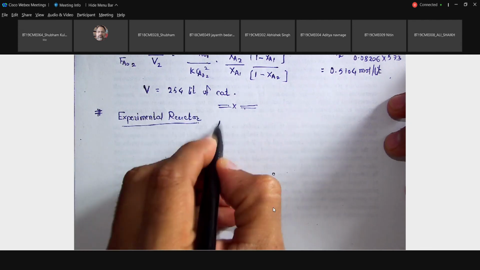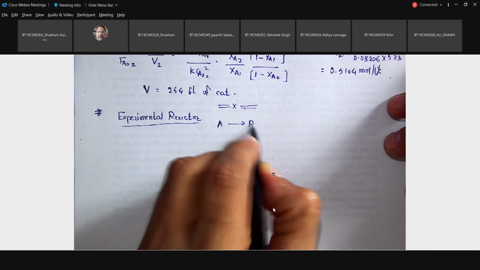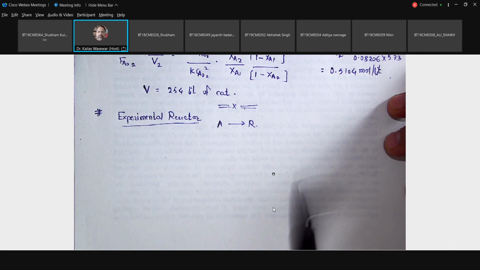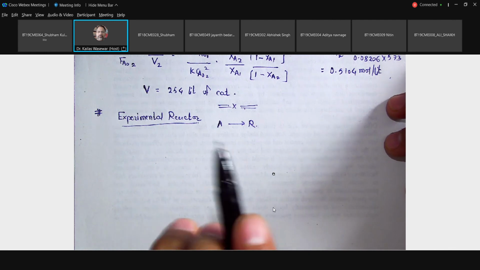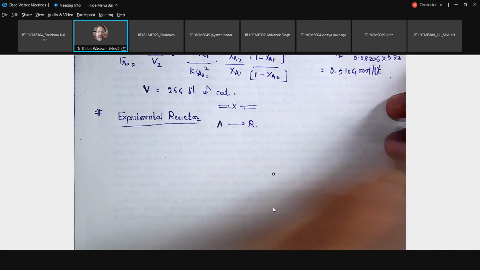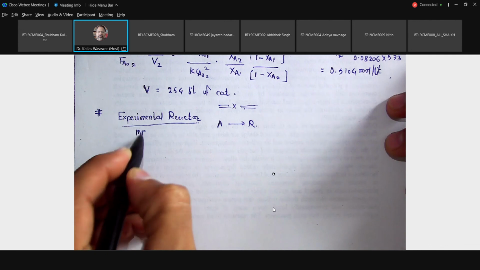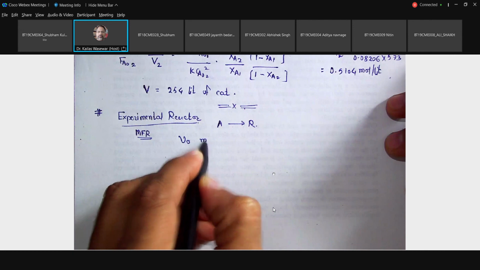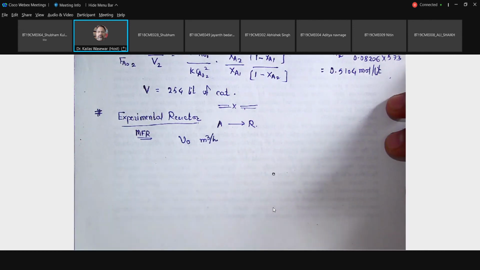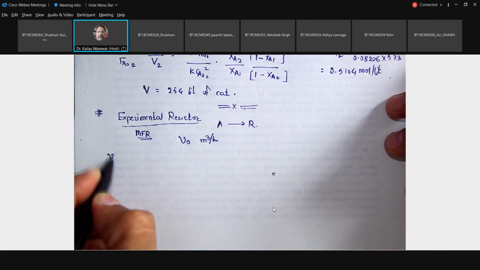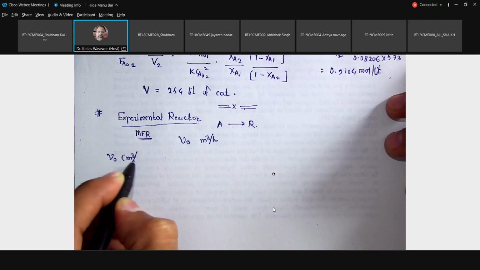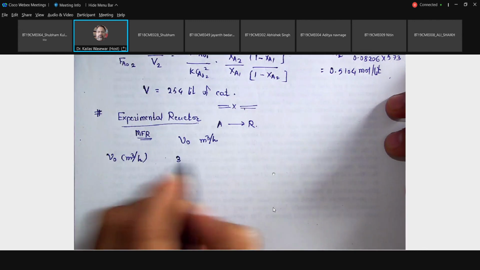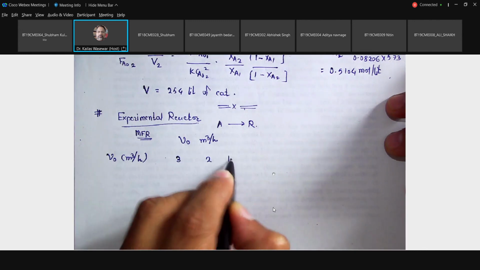And that is a gaseous one. A gives R. So pure gases we say, so epsilon will be 0. And the reactor is mixed flow. For various volumetric flow rates, here I'll write it: 3 to 1.5.